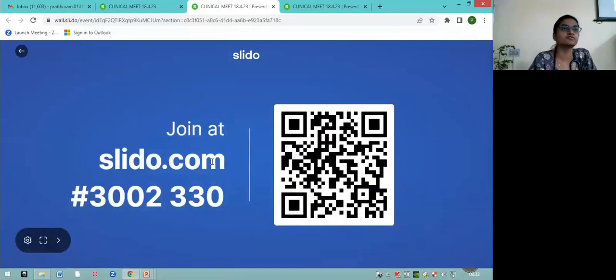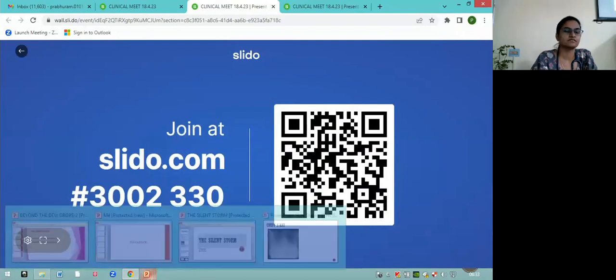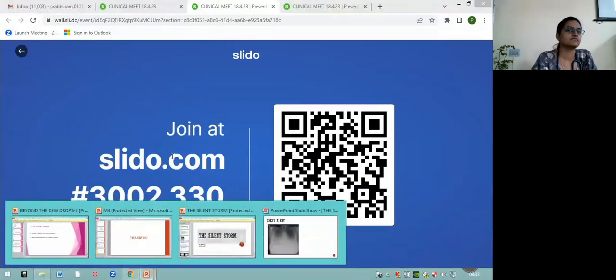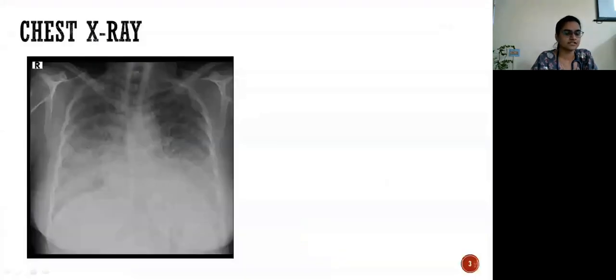Would anyone like to chime in for the differentials? This is the chest X-ray.